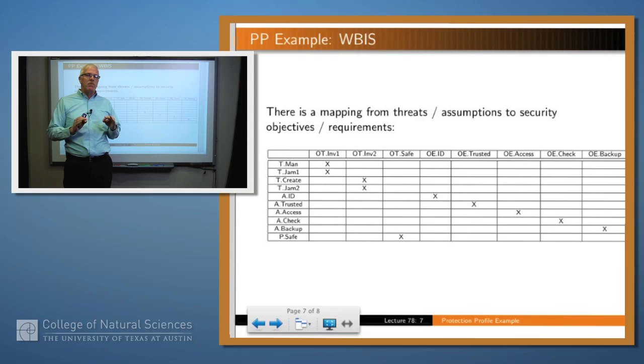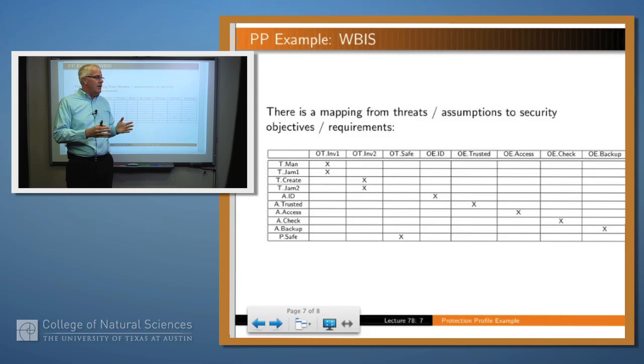Okay, so after we've done all this work of identifying threats, assumptions, security requirements, and things like that, then you build this matrix. And on the left are the threats and the assumptions, and across the top are the security objectives and the system requirements for any system that's actually built.